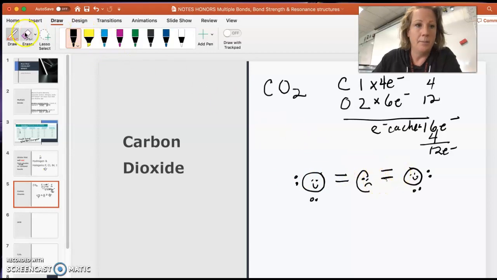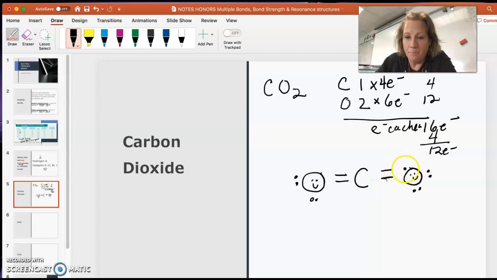Let's take that frown and turn it upside down. Now this carbon has 2, 4, 6, 8 valence electrons. Both of the oxygens still have 8: 2, 4, 6, 8. This guy, 2, 4, 6, 8. So everyone's good. Yay! Let's do a couple more.